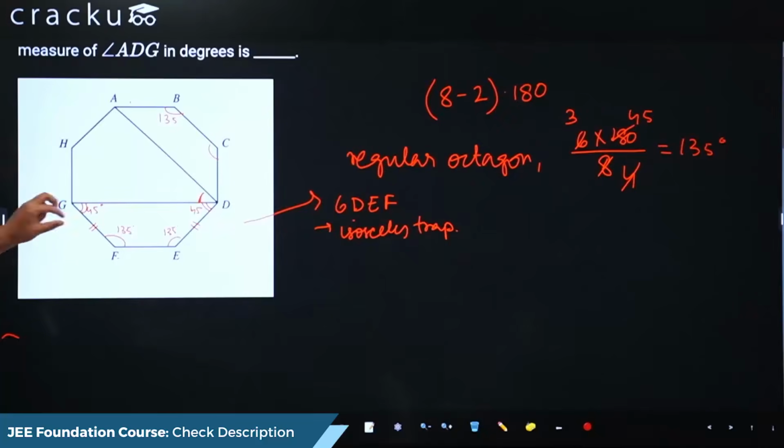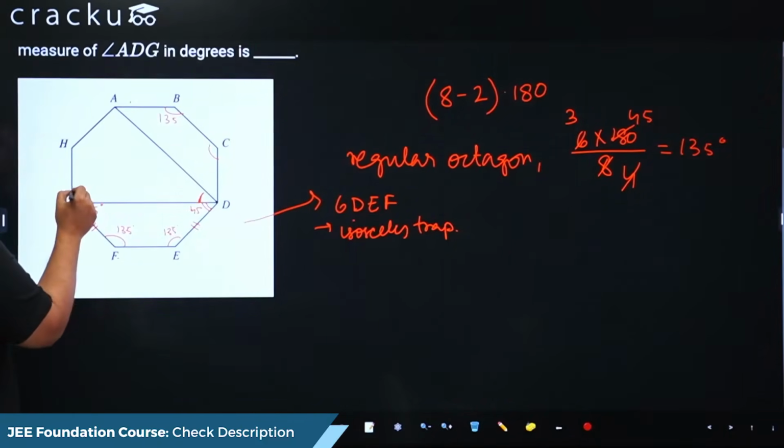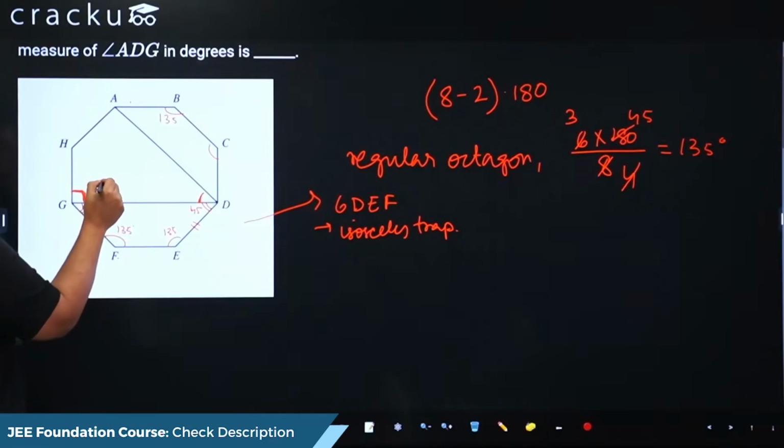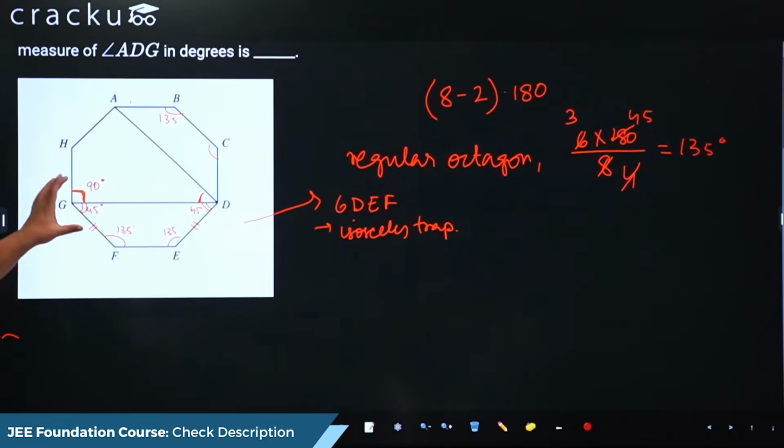So if this is a 45 degree angle, that tells me what? If this whole angle is 135 and this small piece is 45, that means this remaining one is 90 degrees. Right? I can prove that this one is 90. Why?